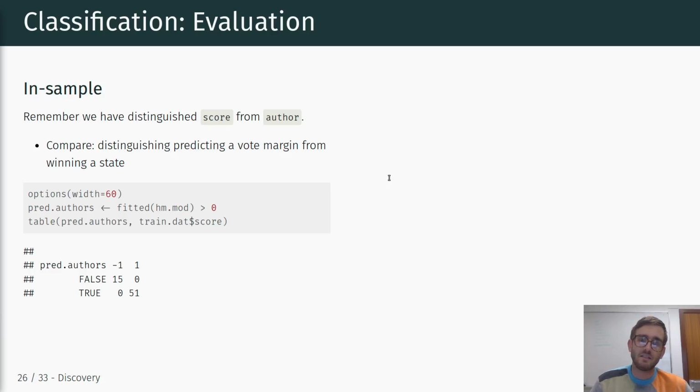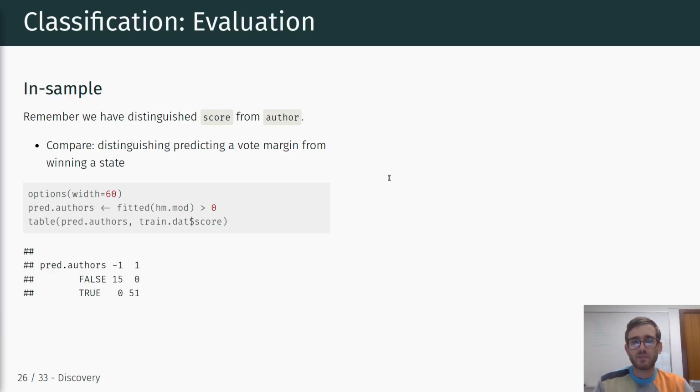And the actual winning of the state is then equivalent to having more than 50% or less than 50%. In terms of our score, it would be larger or smaller than 0, and we would predict Hamilton versus Madison as authorship respectively.